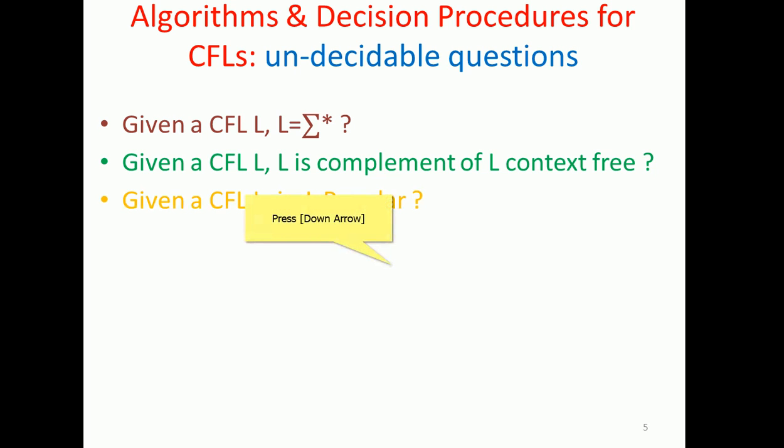So given a context free language L, is L regular, right? If so, then it is decidable. If not, it is undecidable. Undecidable in the sense it is a catastrophe. It is stuck in between, so neither accept nor reject.